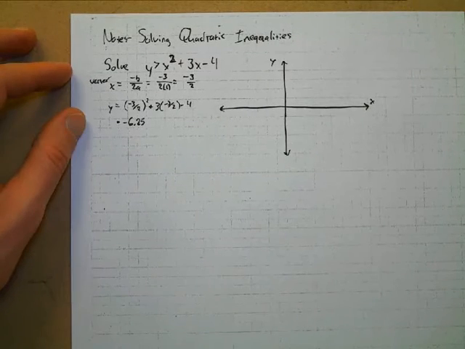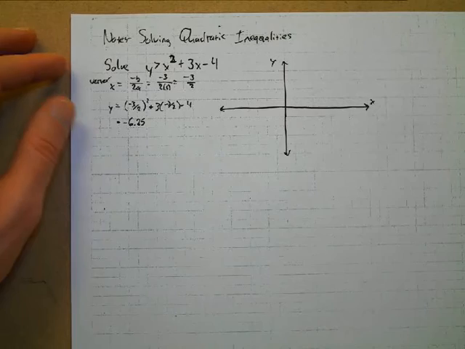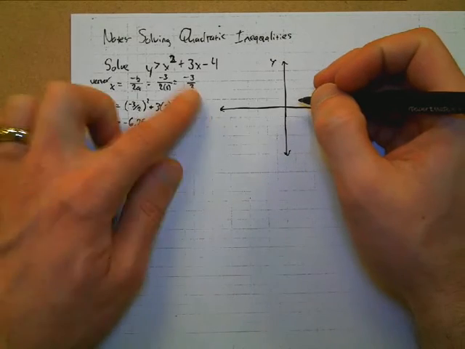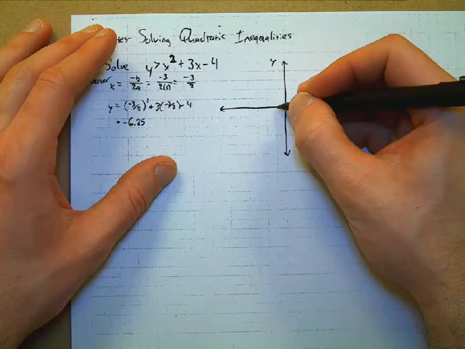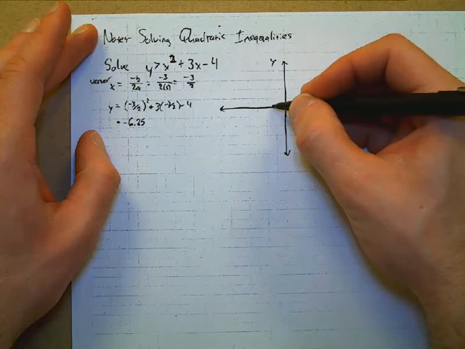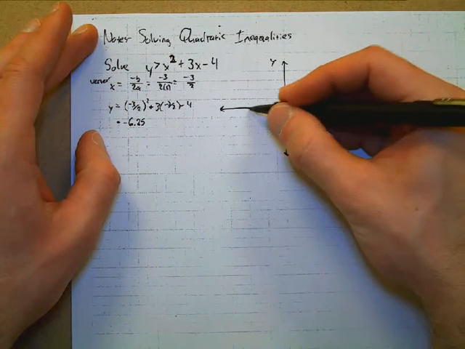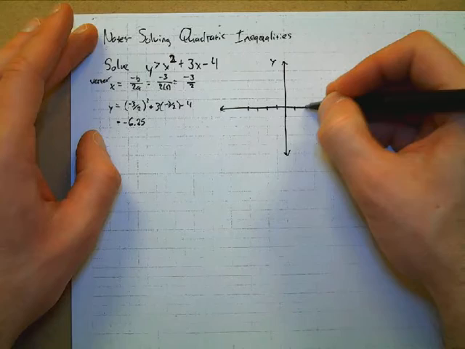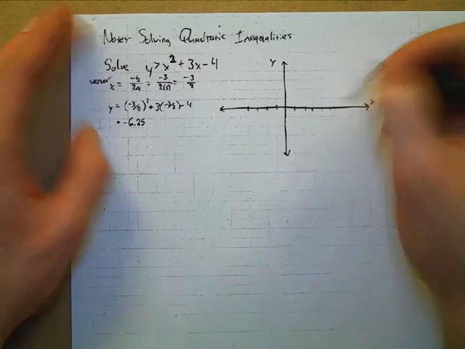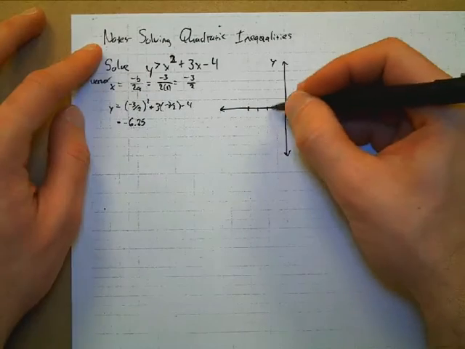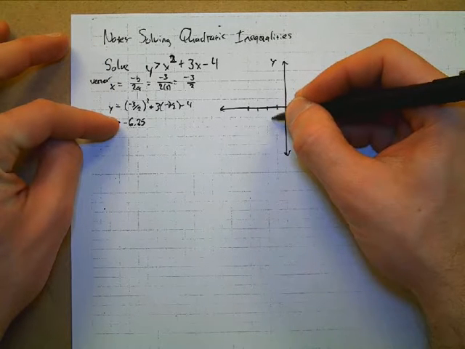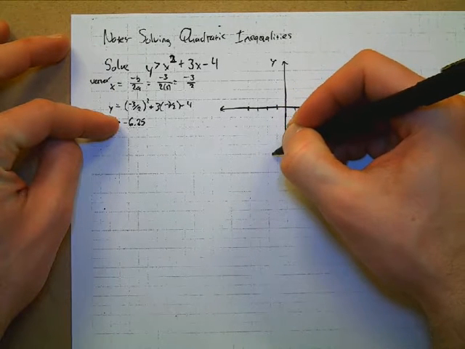The graph, negative 3 halves, that's negative 1.5, so I'll go over negative 1 and then half again. Alright, so negative 1.5 and then down 6, 1, 2, 3, 4, 5, 6, but then a quarter, so something like there.